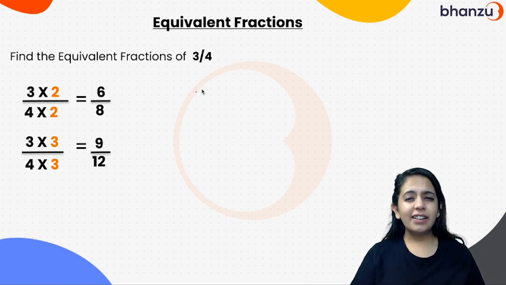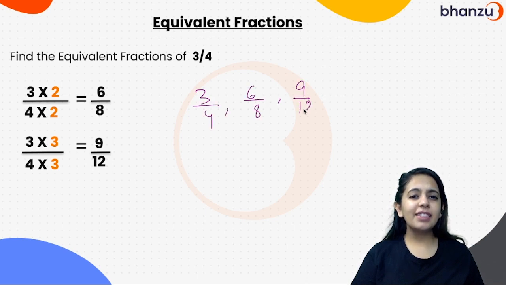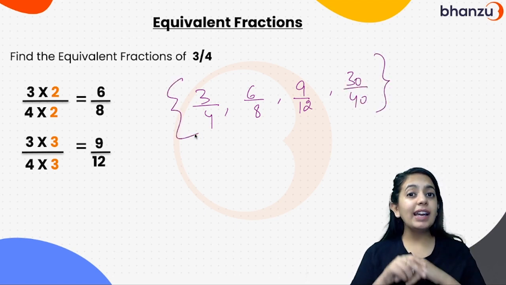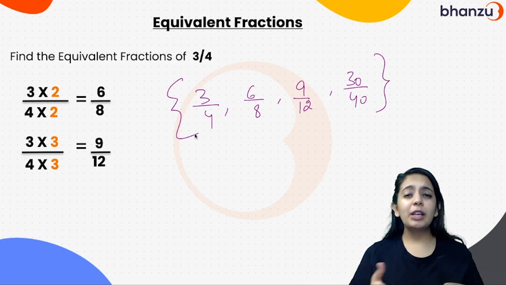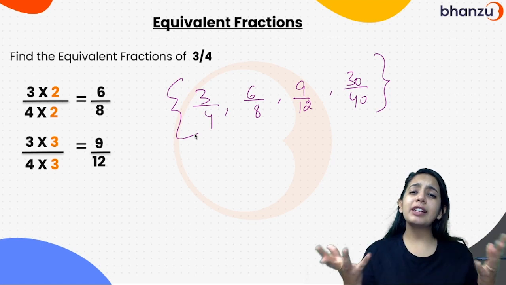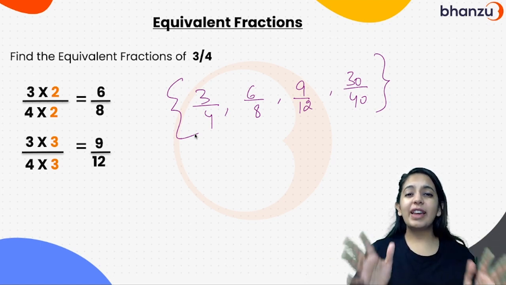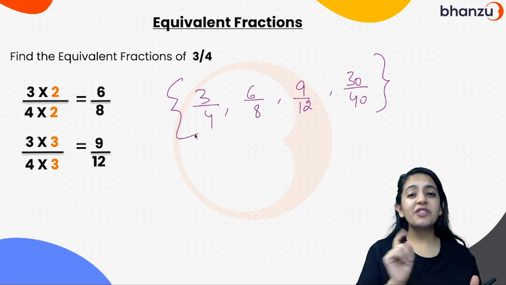So basically here 3/4, 6/8, 9 by 12, 30 by 40, 300 by 400. All of these are equivalent fractions and they are never ending. You can multiply it by big numbers in the numerator and denominator. You can multiply it by small numbers. So therefore, there are so many equivalent fractions of one fraction.